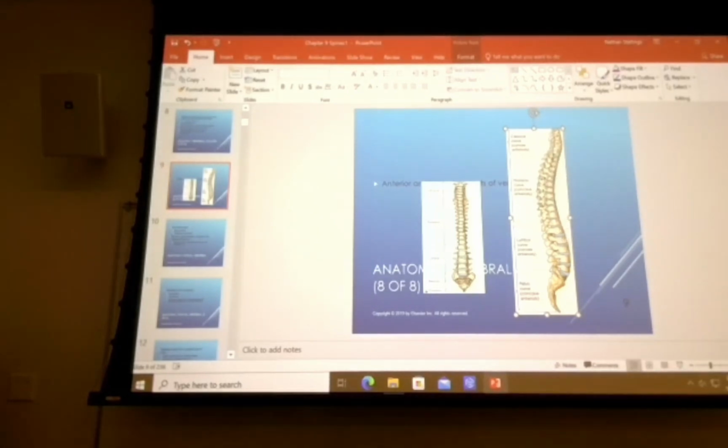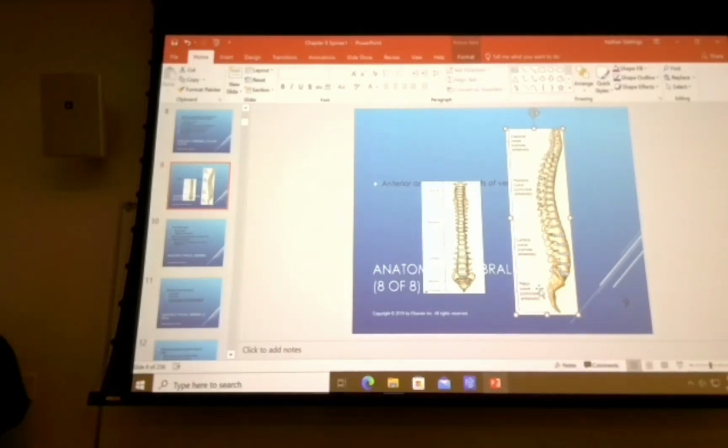Then we get down to the L spine, and it is convex anteriorly and concave posteriorly, and then it switches again for the sacrum coccyx, and that will be concave anteriorly, convex posteriorly.